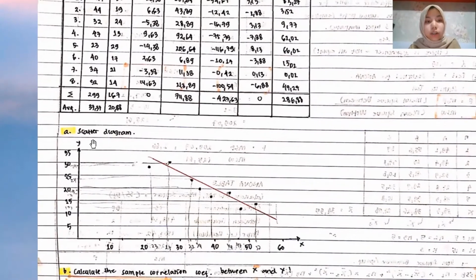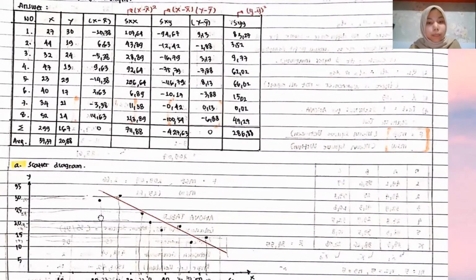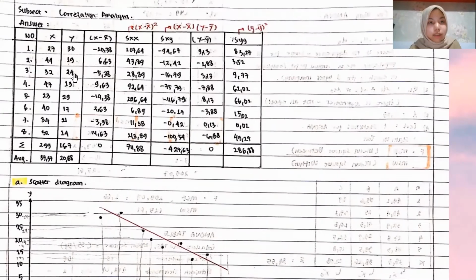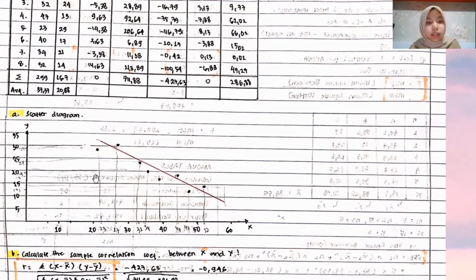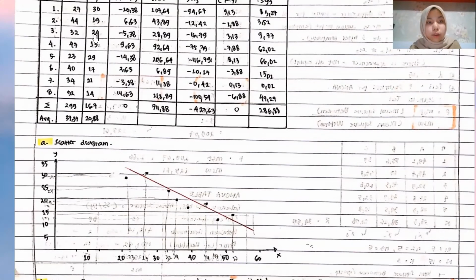Then we need to connect each number for each axis. For example, on the x-axis we have 27 and on the y-axis 30. So here are the dots, the points, and so on until all of the points are plotted.